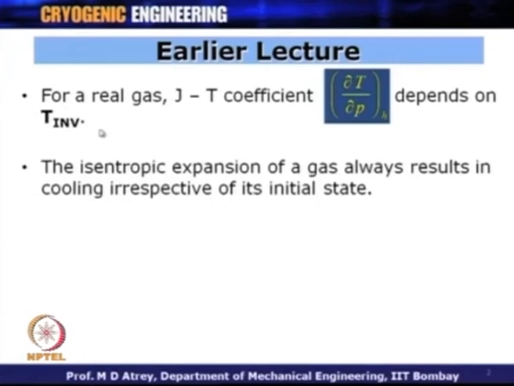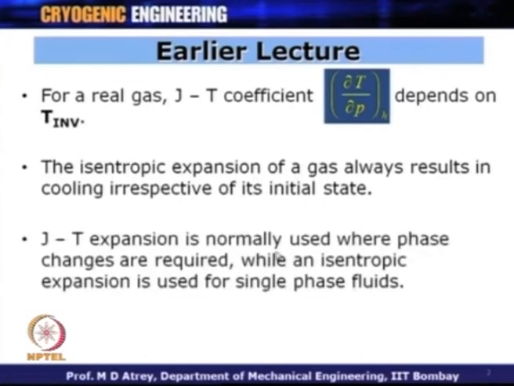Then we went away from the isenthalpic process to the isentropic process using reciprocating expansion engines or turbo expanders, and we understood that the isentropic expansion of a gas always results in cooling irrespective of its initial state. JT expansion depends on the initial state, while isentropic expansion does not. The JT expansion is normally used where phase changes are required.